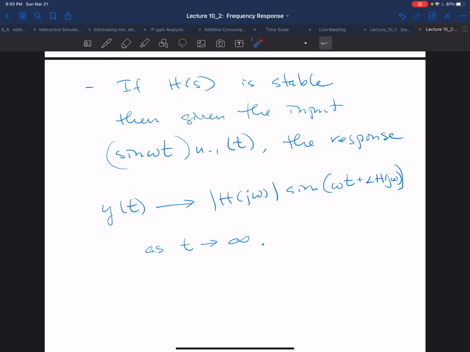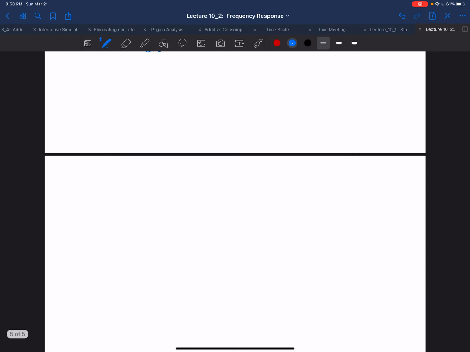We'd like to be able to draw the response in the frequency domain in a simple way by decomposing the plots for complex transfer functions into the plots for simple transfer functions. And in order to be able to do that, what we draw are Bode plots.